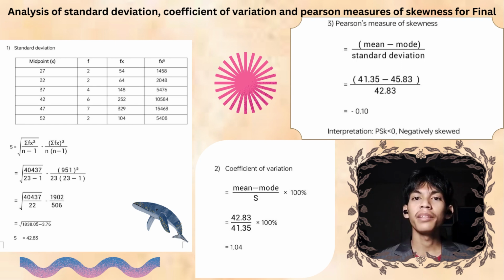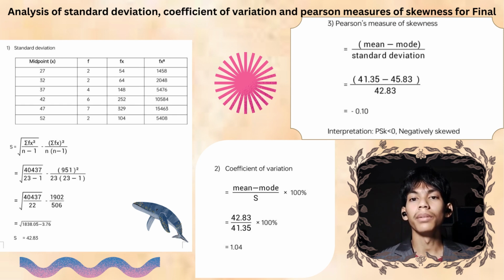After finding mean, mode, and median, we will analyze standard deviation, coefficient of variation, and Pearson measure of skewness for final mark. First, let's find the standard deviation. We can use this formula. Standard deviation equals square root of total of fx square divided by in brackets total of students minus 1, minus in brackets total of fx times total of fx divided by total of students times in brackets total of students minus 1.